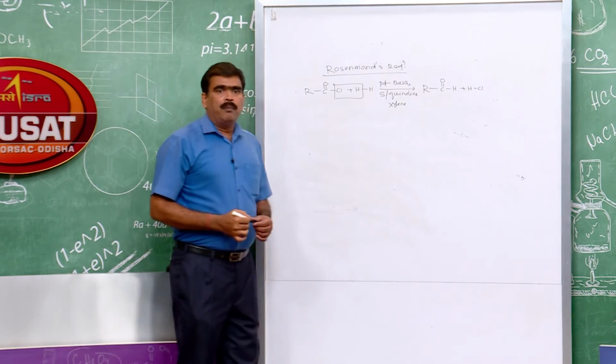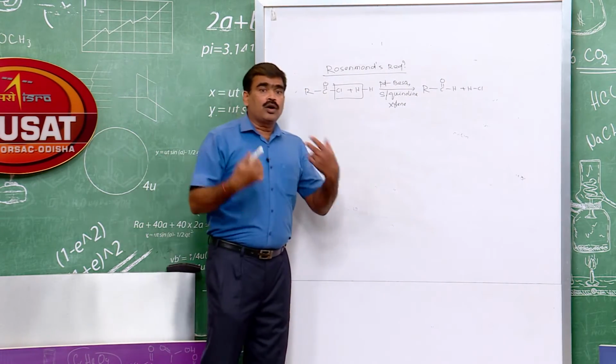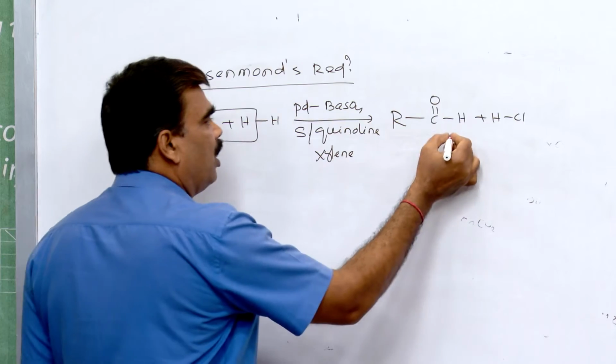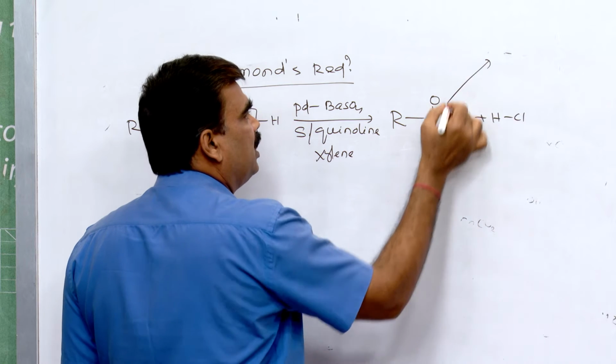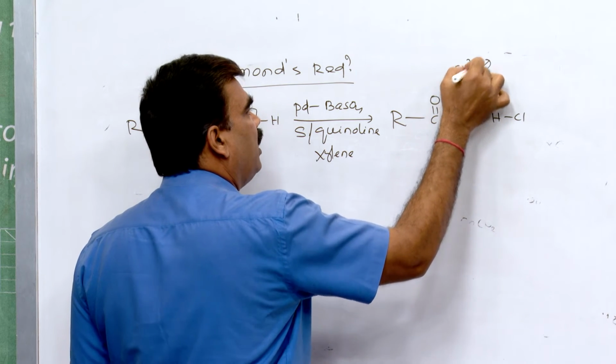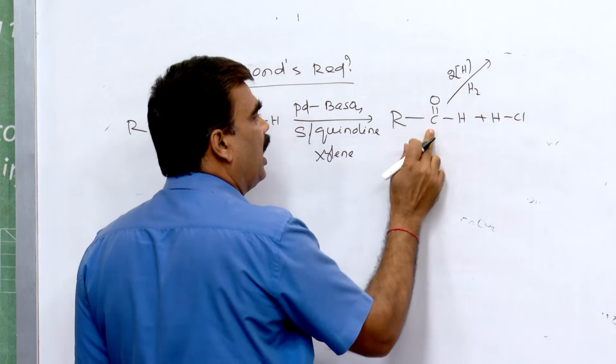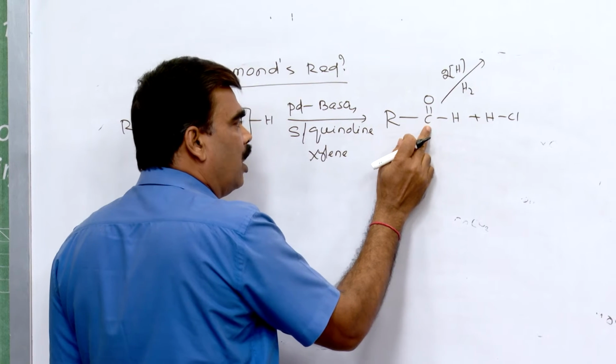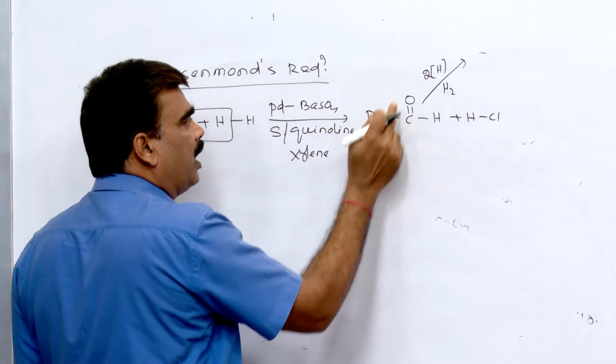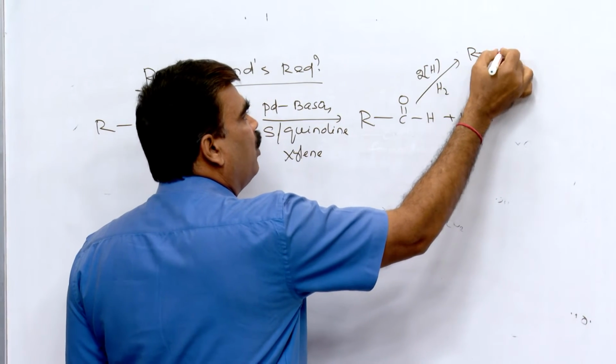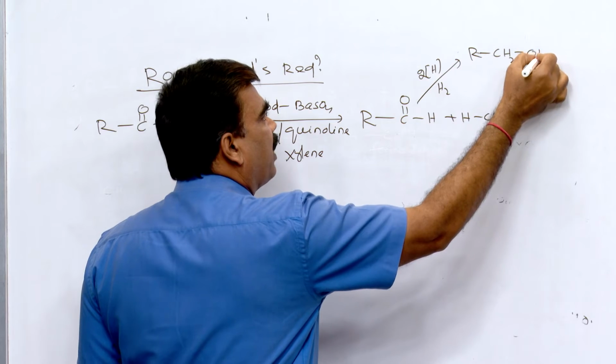If they undergo complete reduction, again 2H will be added here, you will get RCH2, here 1H will be added, and you will end up getting a primary alcohol.